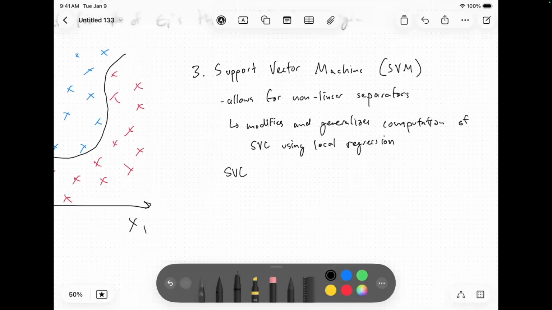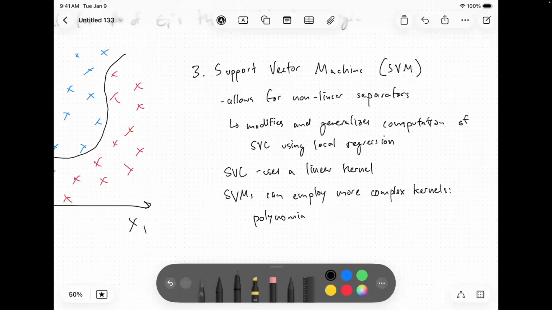So SVC uses a linear kernel, whereas SVMs can employ more complex kernels. So polynomial, radial, and so on. And so when you formulate the hyperplane, it no longer has to be constrained in a linear way.